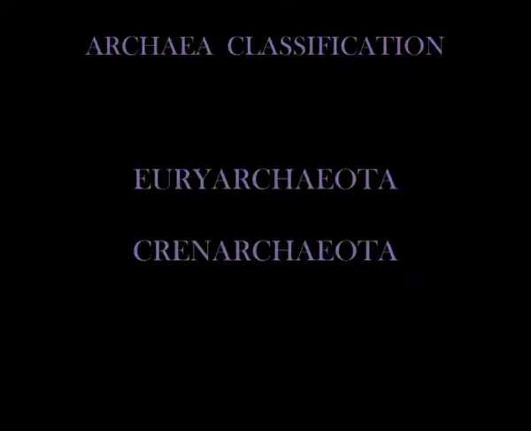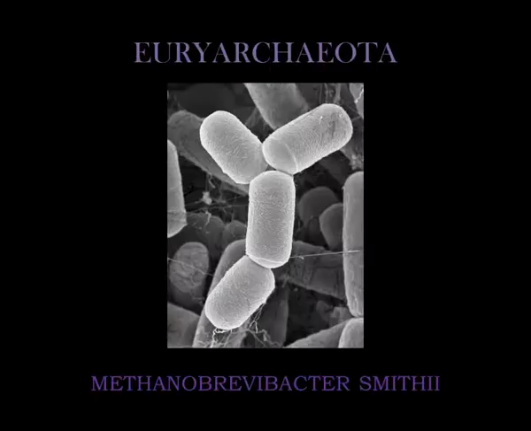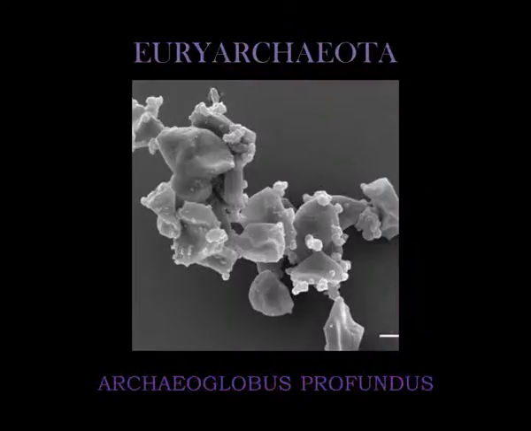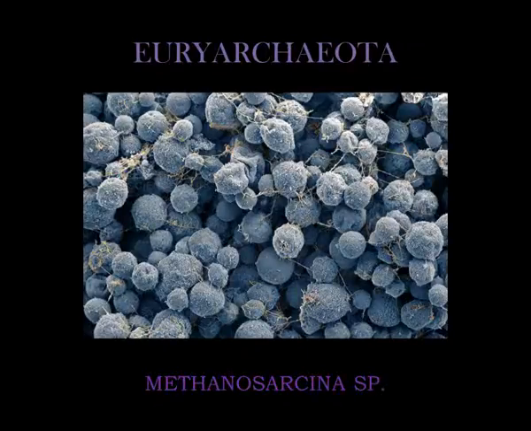Some examples of Euryarchaeota: Methanobrevibacter smithii, Haloprofundus maris rubri, Archaeoglobus profundus, Methanosarcina species.